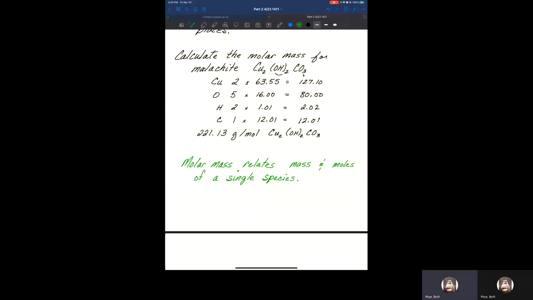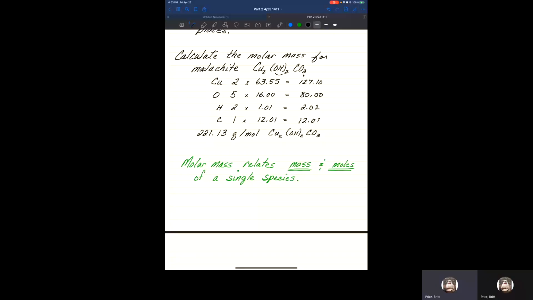Be it an atom, a molecule, a formula unit, it does not matter. But it has to be a single type of stuff. So mass and moles go through this molar mass.